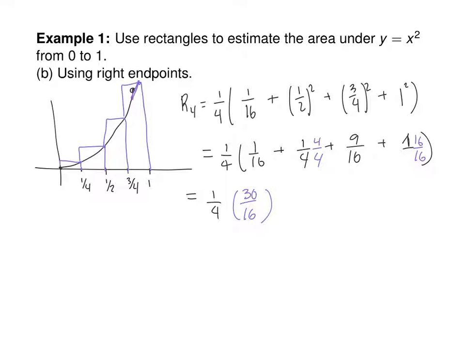That's 14, right? Plus 16 does make 30. So that reduces to, I think, 15/32. Well, I was multiplying by 4/4. That's what you do to get a common denominator, so it really is 4/16. The same thing, this is 16/16.